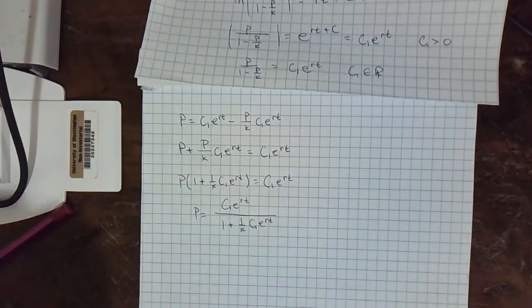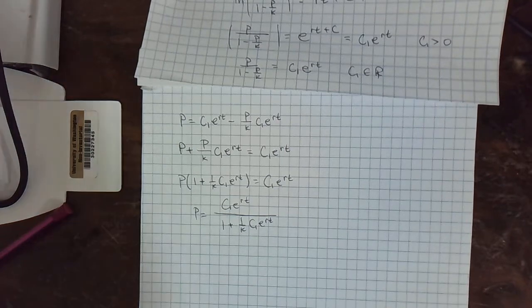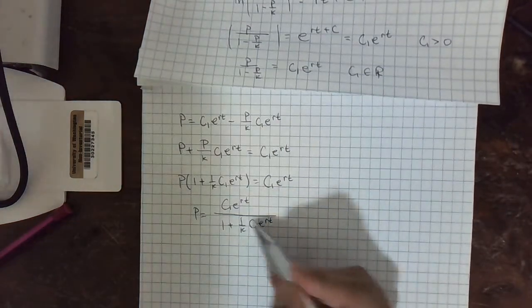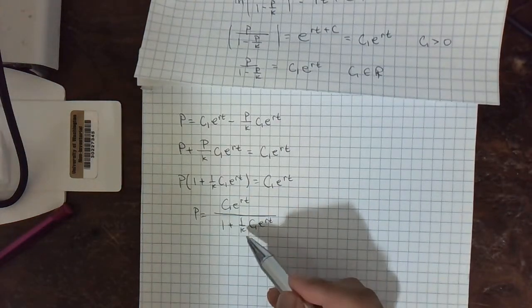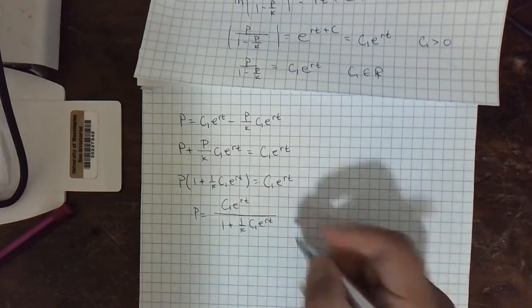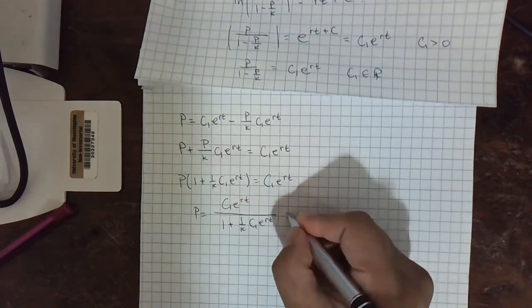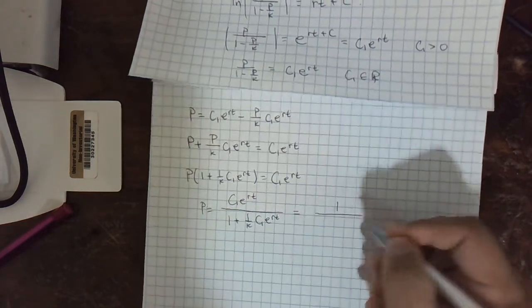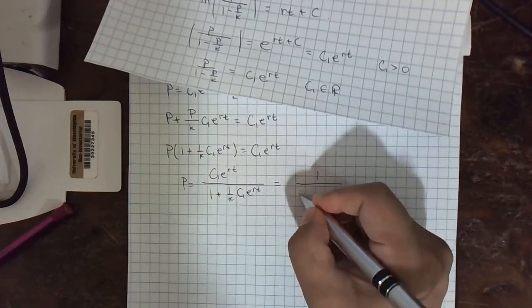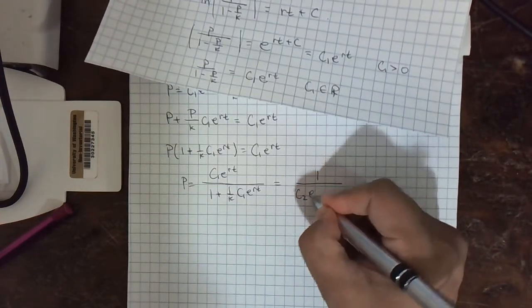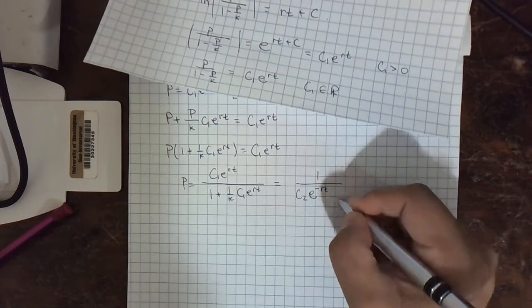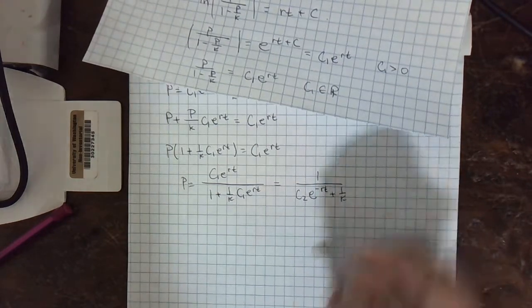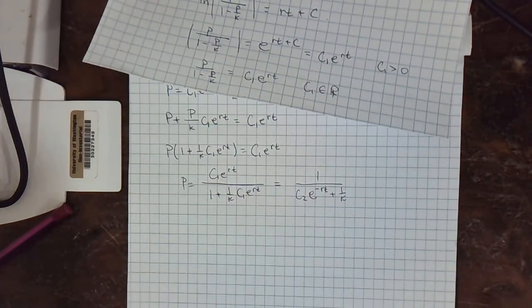And we notice that there's a common factor of c1 e to the rt in a lot of places. So let's actually divide top and bottom by c1 e to the rt. So this is going to be 1 over, this is 1 over c1, we're going to call c2, e to the negative rt plus 1 over k.